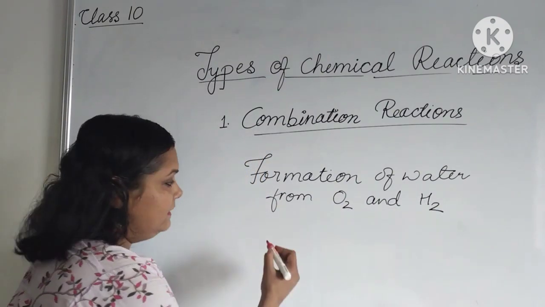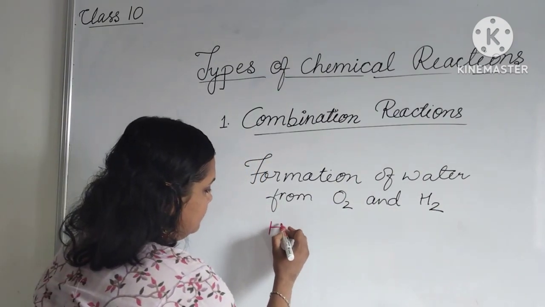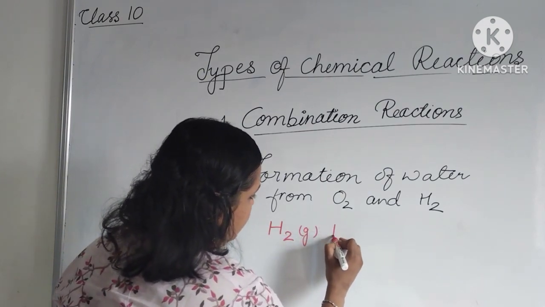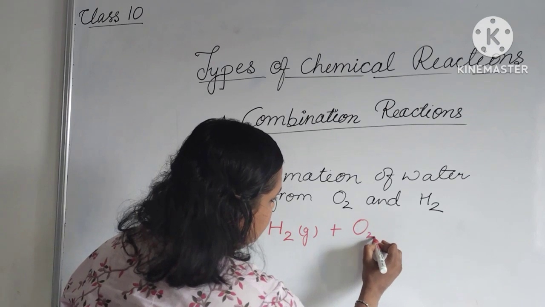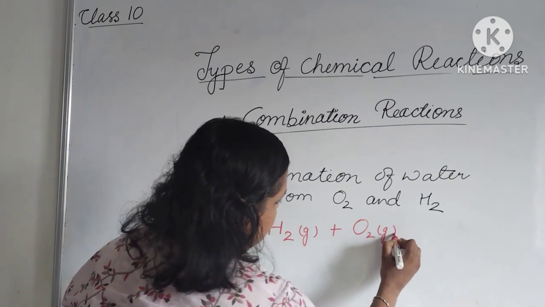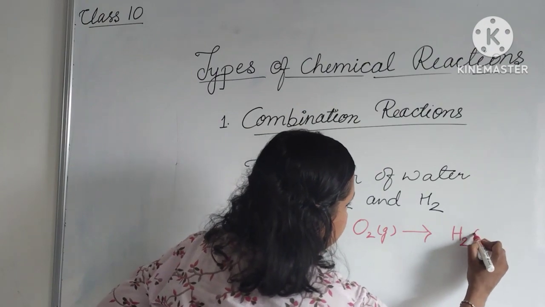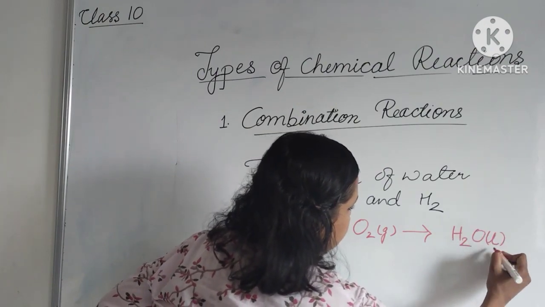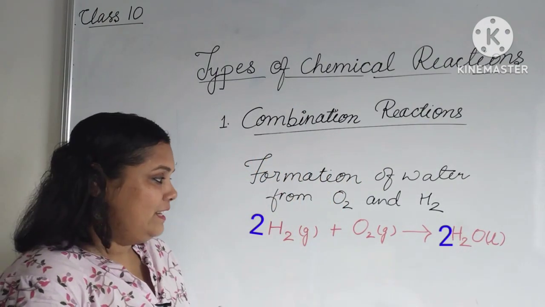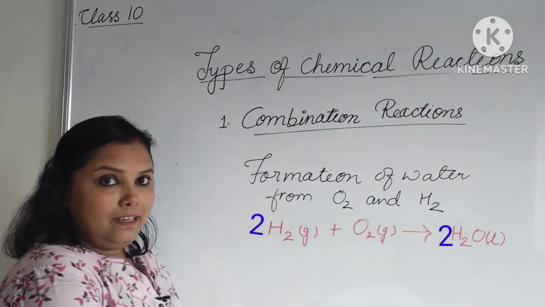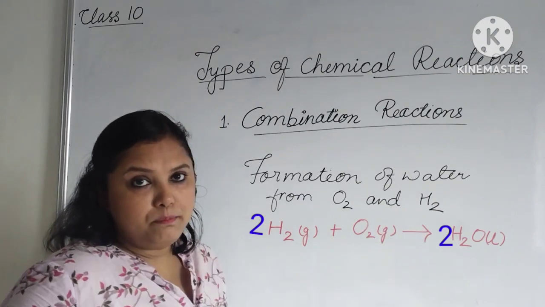The reaction is like this. Hydrogen gas combines with oxygen gas to form water, which is liquid. This is also an example of combination reaction. Two reactants are combining to form a single product.